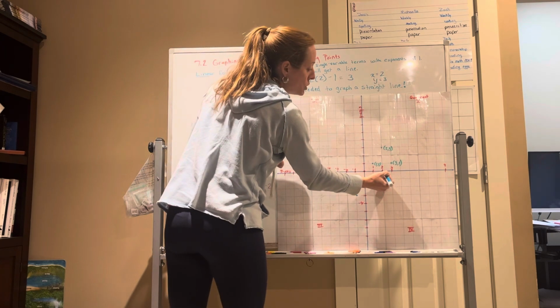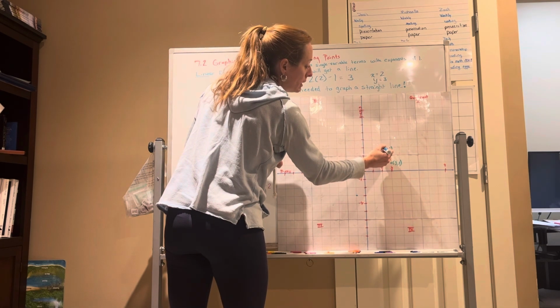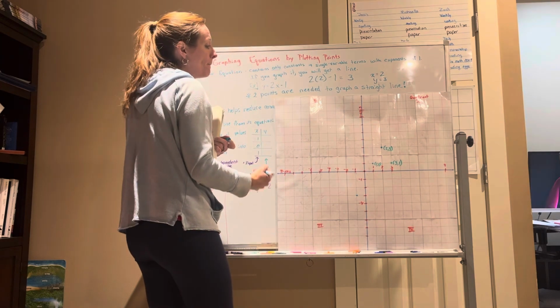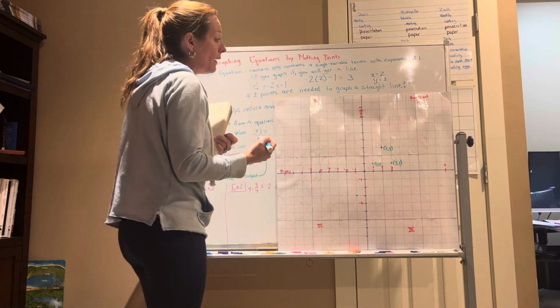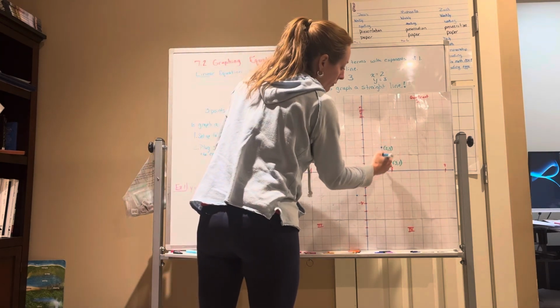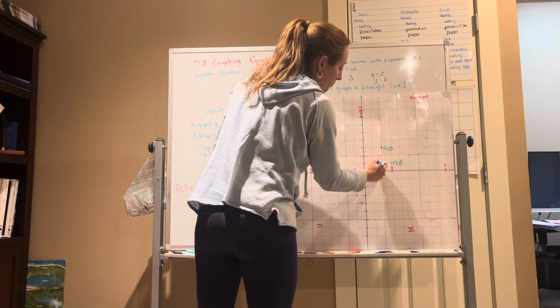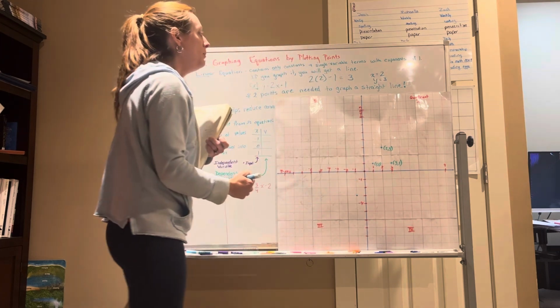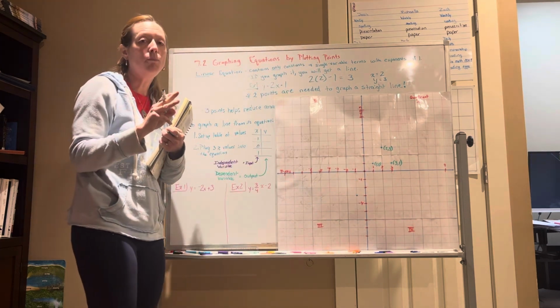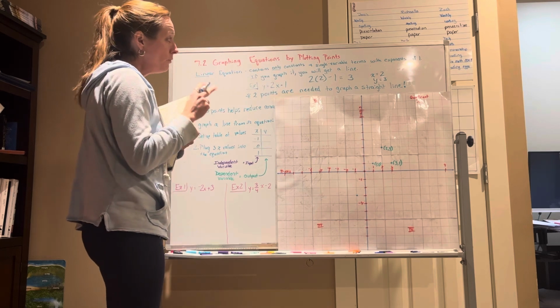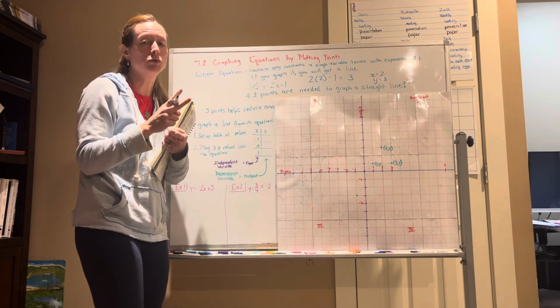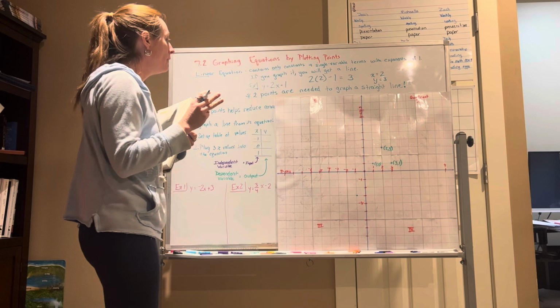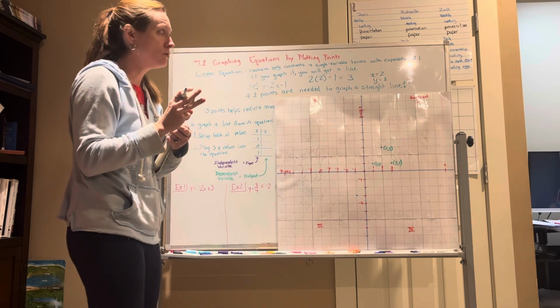We go over to 2 and up 3, and we get that point right there. Now we could go ahead and graph it and would get pretty close, but the book recommends that you do 3 points. 2 points are what's needed for the straight line, but the third point can help reduce errors.